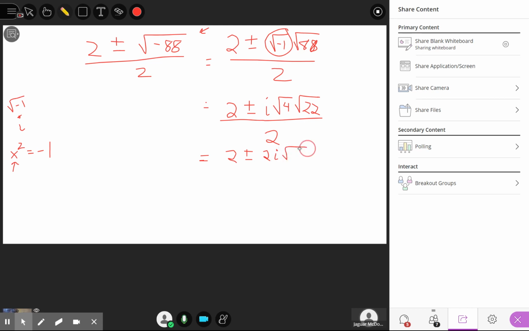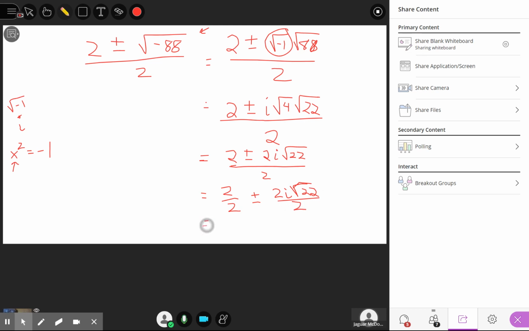And then we have the square root of 22, all over 2. Now we simplify this by dividing each term by the denominator. So we take this 2 and put it over the 2, plus or minus 2i root 22 all over 2.